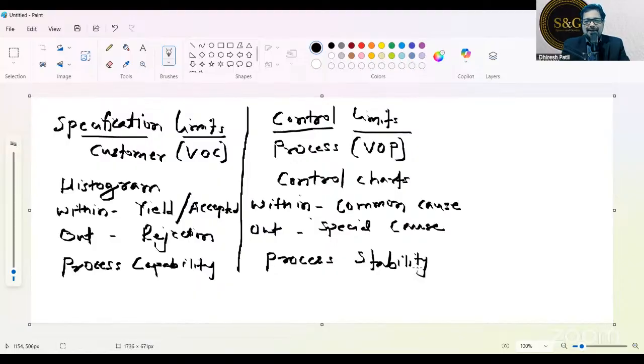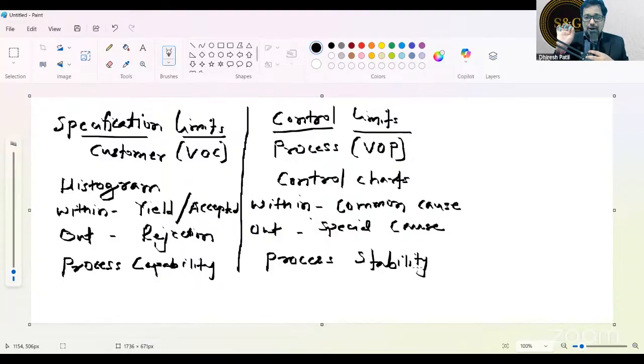Very good. What is the relationship between these two? The answer is ideally there is no relationship as such. There is no statistical or mathematical relationship between specification and control. But always expect control limits within specification limits.